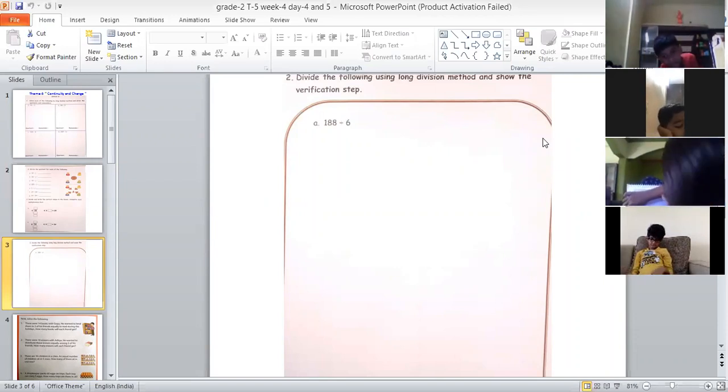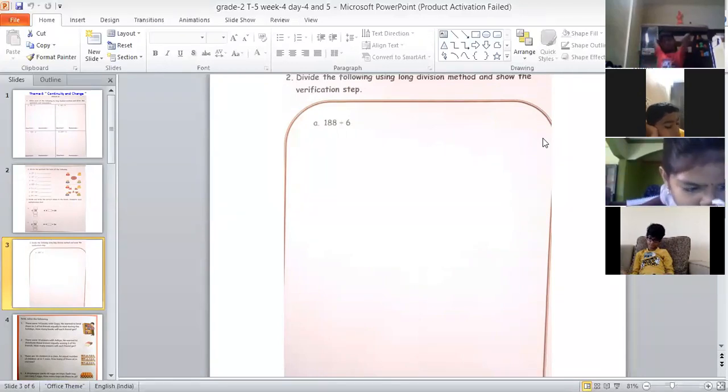This is how you are reading a 3-digit number. How will you read 188? Yes, Kartika. How will you read this number? This 234, how will you read it?